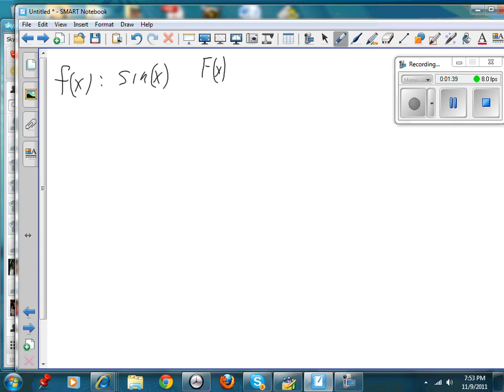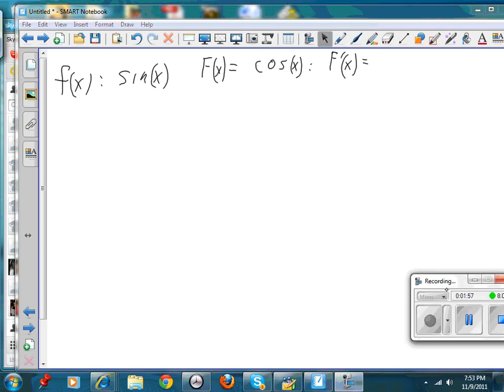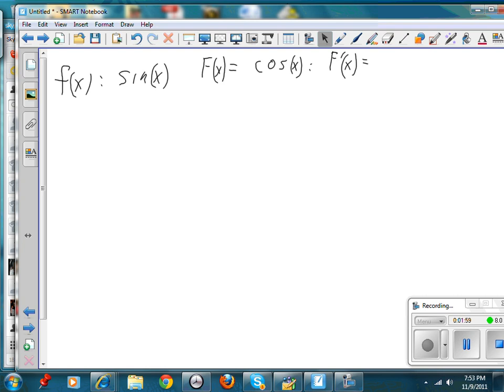Let's see, maybe I could do it this way and be wrong first. I'll say, well, how about the cosine of x? I'm going to check that, and I'm going to say, well, what's the derivative of the cosine of x? Oh, that's equal to minus the sine of x.